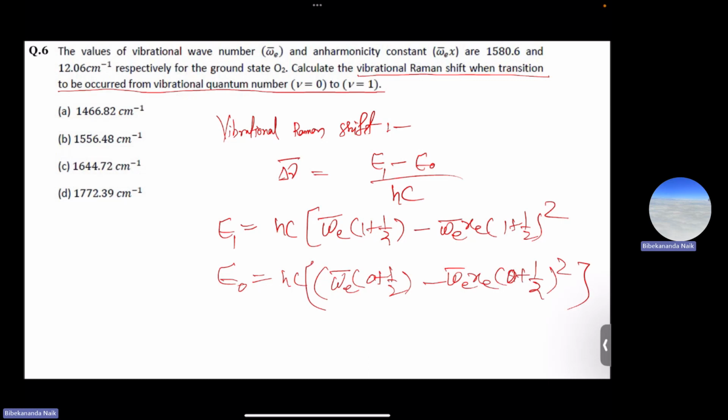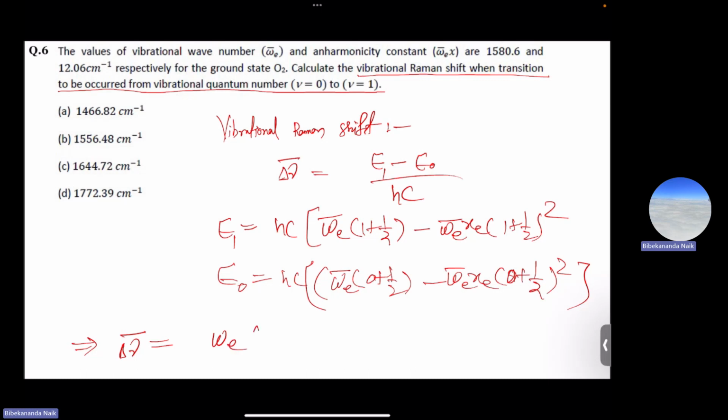Because hc is common in the numerator and the denominator, it will get cancelled out.